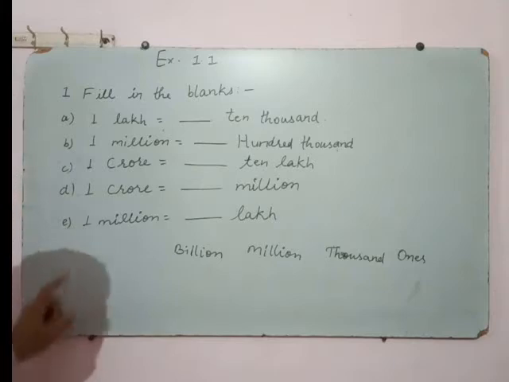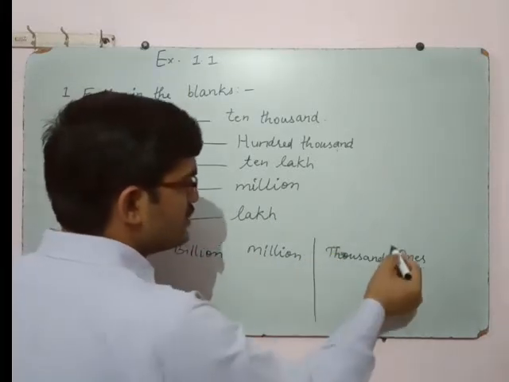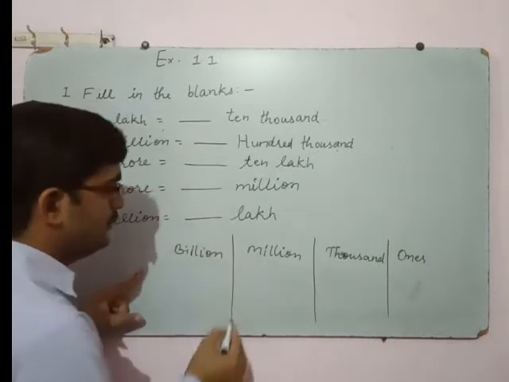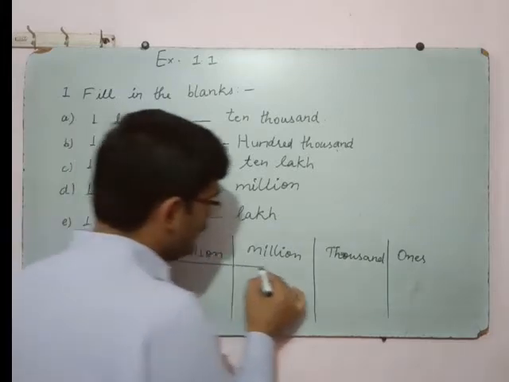In these 4 periods there are 3 places in each period. इनके अंदर 3 places होते हैं. What are those?